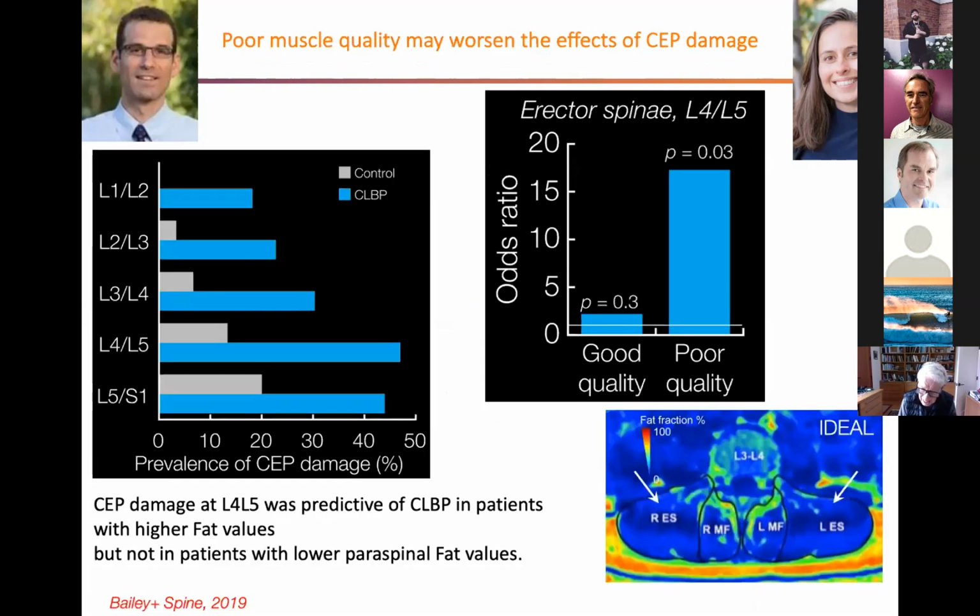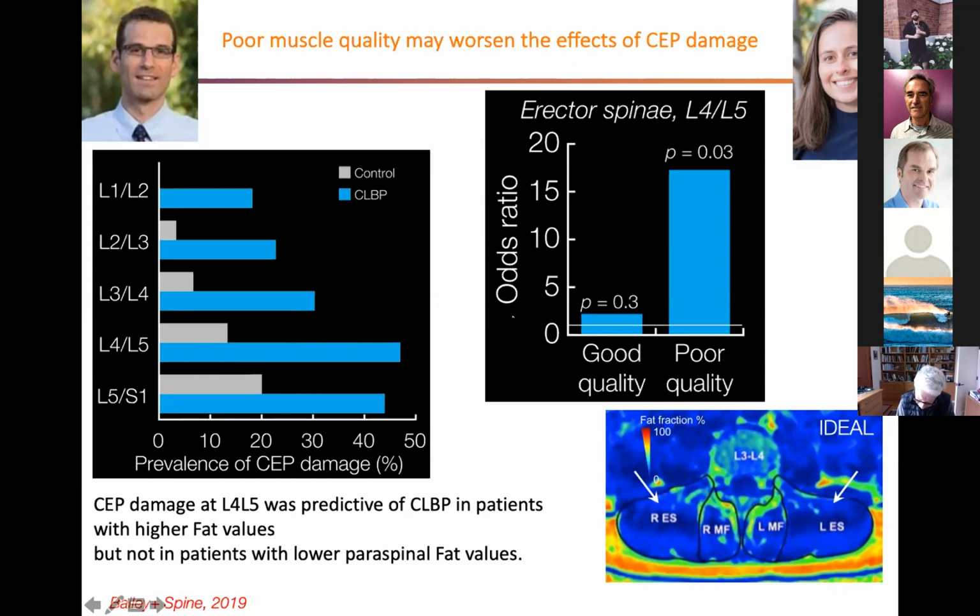Then Aaron went a step further and looked at the prevalence of end plate damage in this patient population from Jeff's grant. There was a high prevalence at L4, L5 in the patients who had end plate damage.